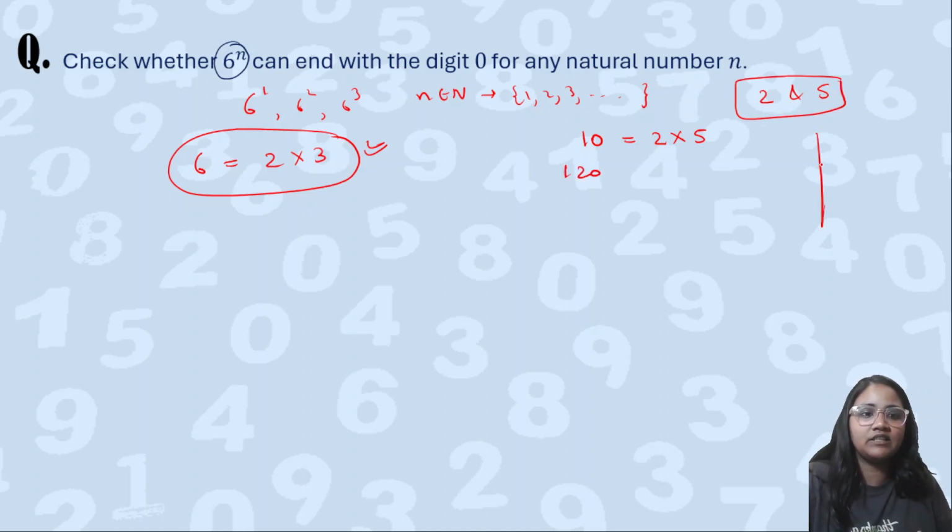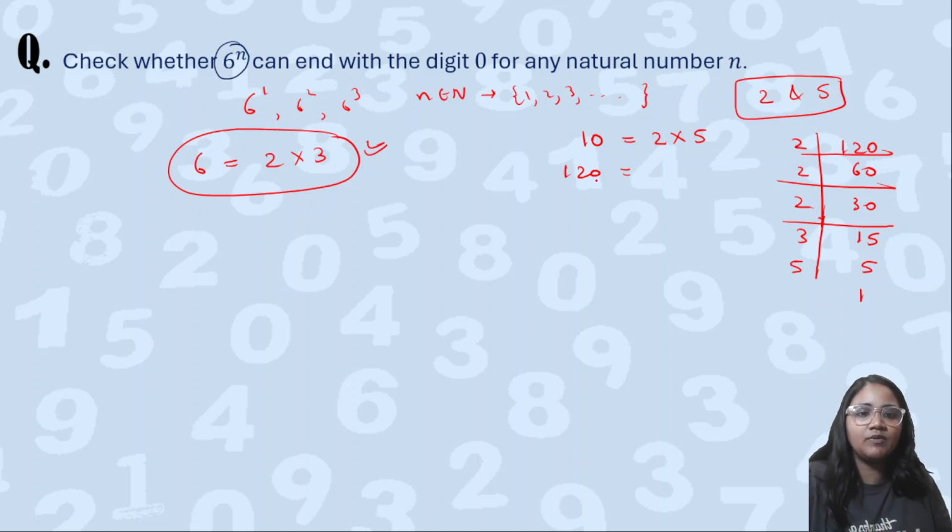Right, let's see one more number, 120. Let's see the prime factorization of 120. 2, 60, 2, 30, 2, 15, 3, 5 and 5, 1. So you can again see how we can write the prime factorization of 120: 2 to the power 3 into 3 to the power 1 into 5 to the power 1.